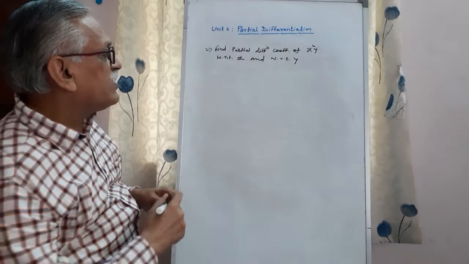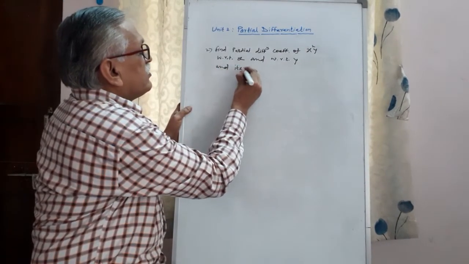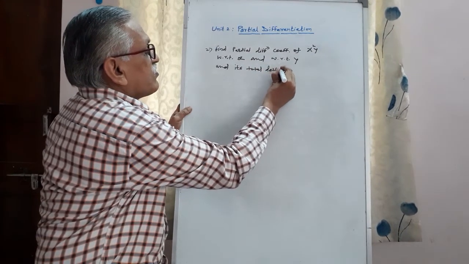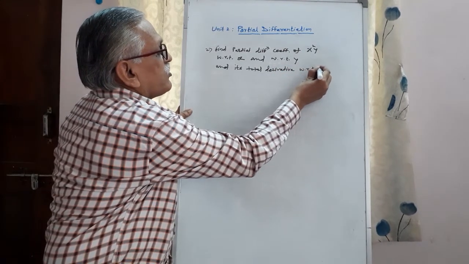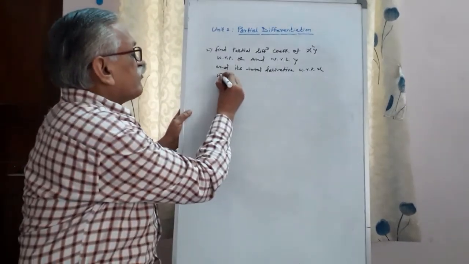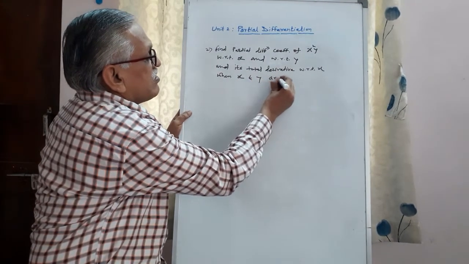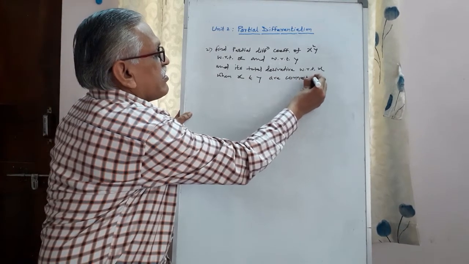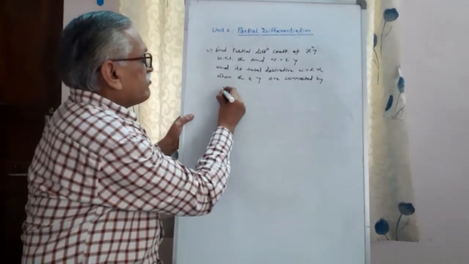Second, find its total derivative with respect to x when x and y are connected by the relation.